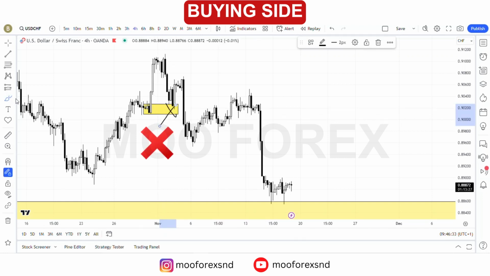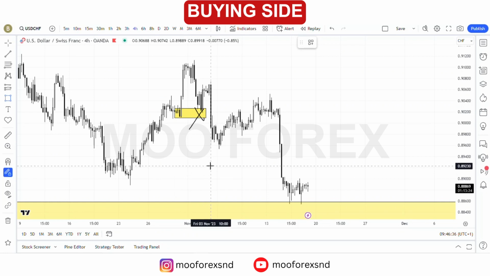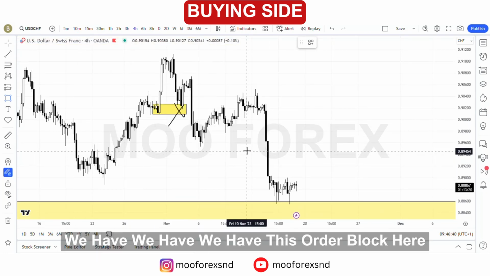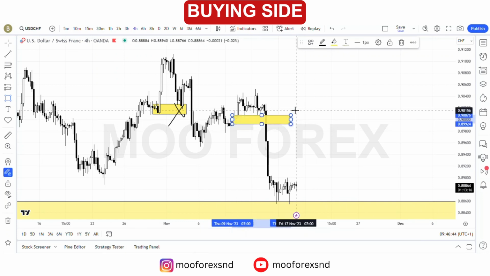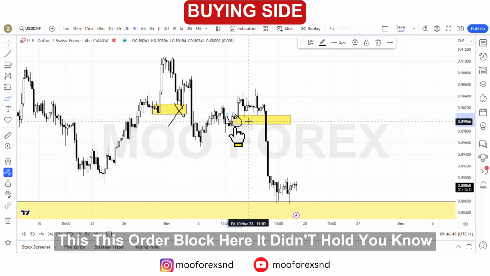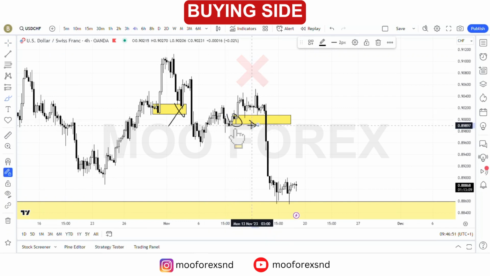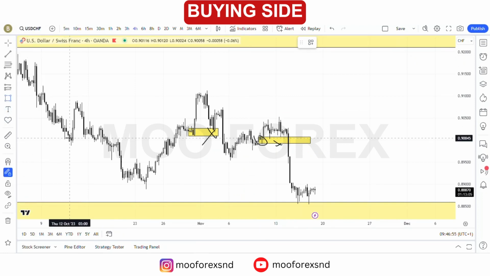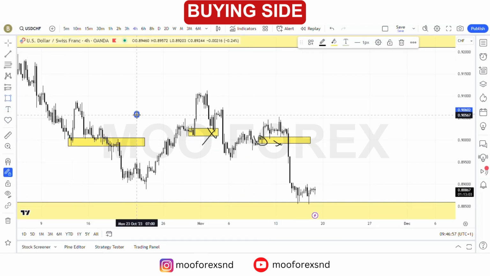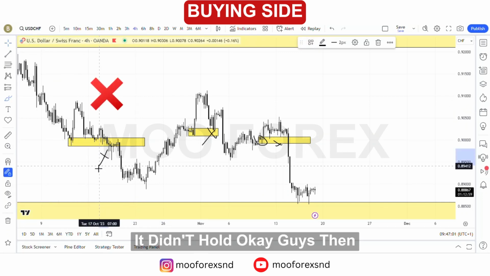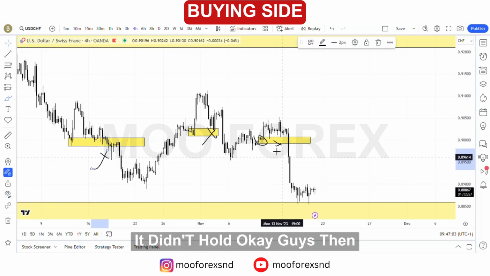And then we have this order block here, it didn't hold, you know. Then we have this order block here, it didn't hold. Okay, guys.